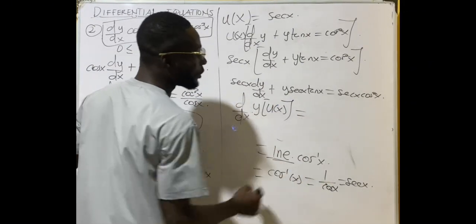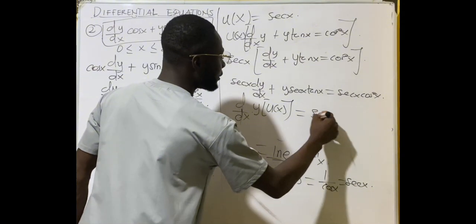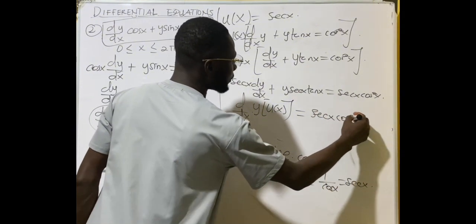And that is equal to the right hand side, okay? sec x cos squared x.